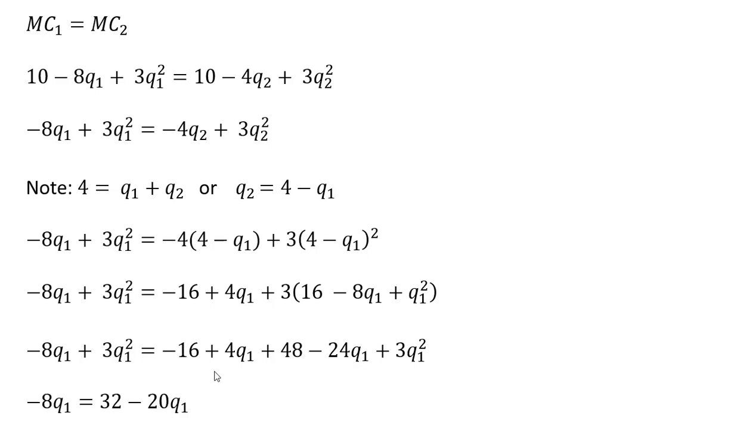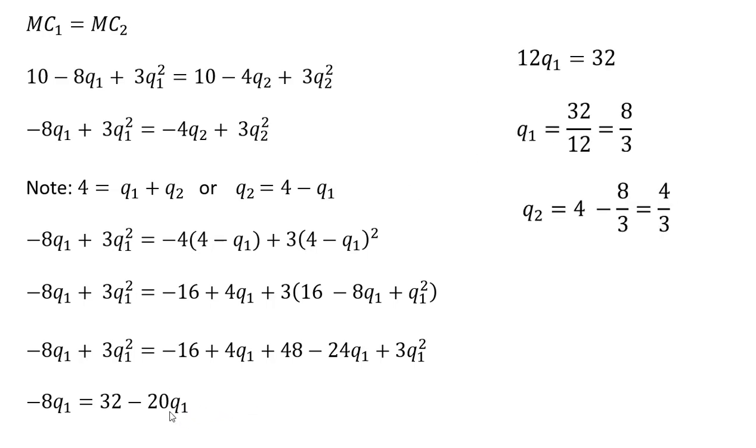Okay, let's do some canceling here. This 3q subscript 1 squared cancels with the same term over here. 48 minus 16 is 32, plus 4q subscript 1 minus 24q subscript 1 leaves us with minus 20q subscript 1.